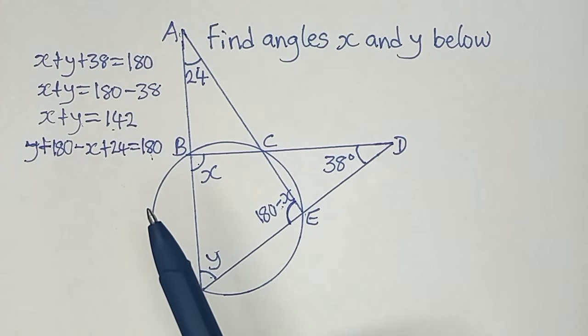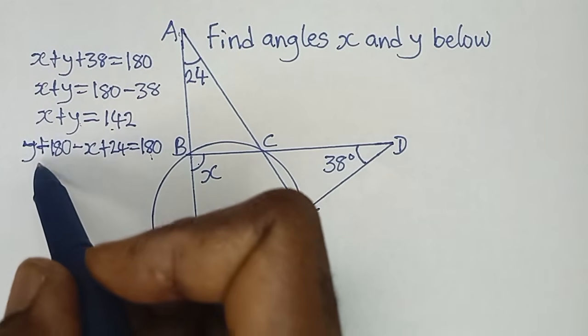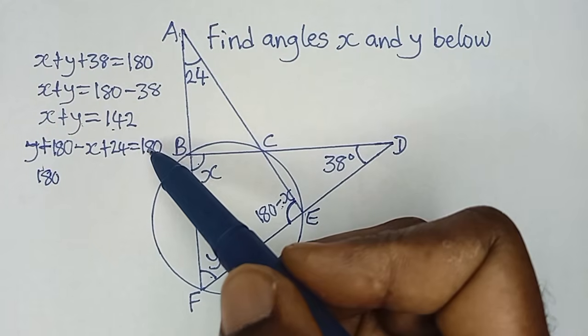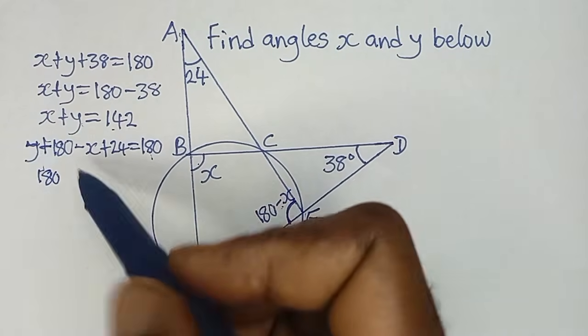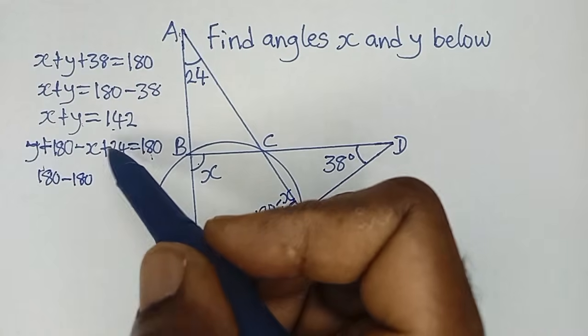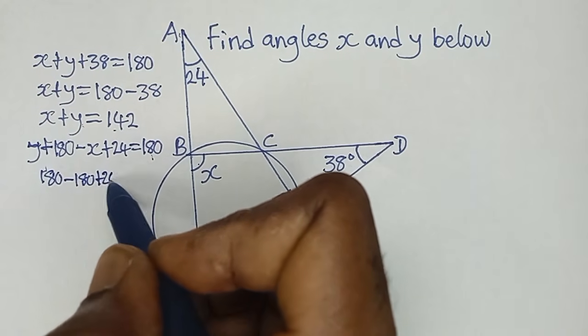So if I leave this 180 on this side, then this 180, I bring it to this side, it becomes minus 180. And then this 24 is still on this side, plus 24.